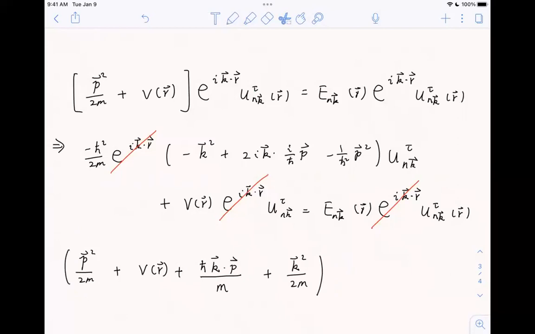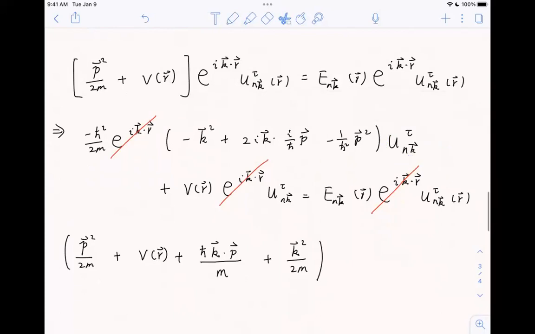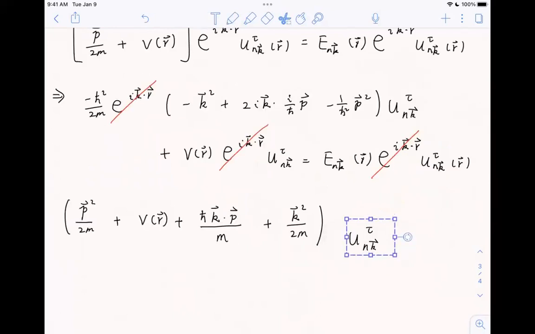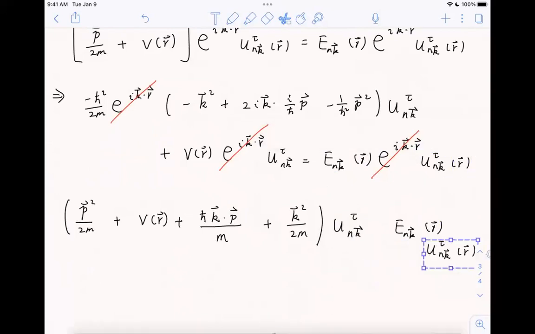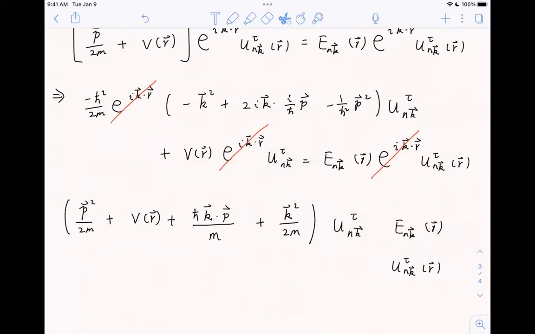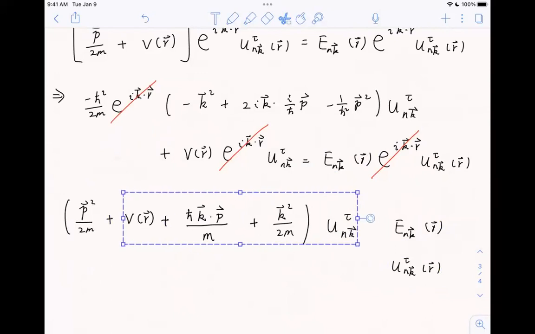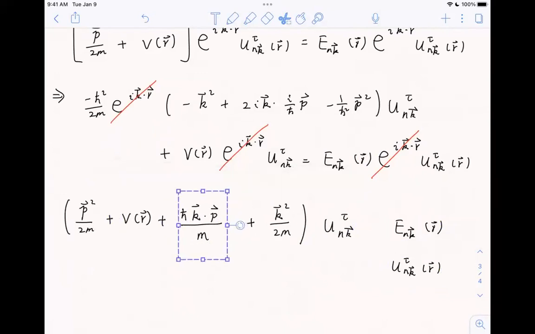Then after you cancel, you only have this part of the block function. Okay. Then you have the energy.